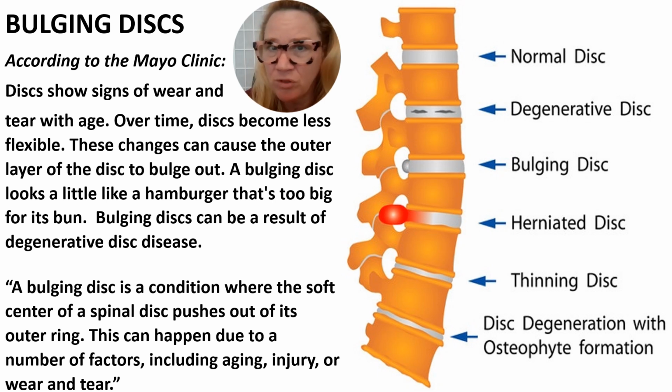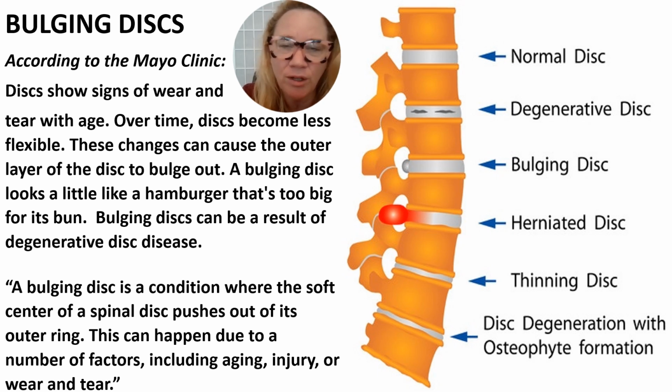After a certain period of time with that wearing and tearing, the discs become less flexible, they become more fibrous, and you can see on the right hand side here the degenerative disc, where you can see some wear and tear on the image. The bulging disc, where there's pressure and compression between the vertebrae, is causing the disc to bulge out to the side.